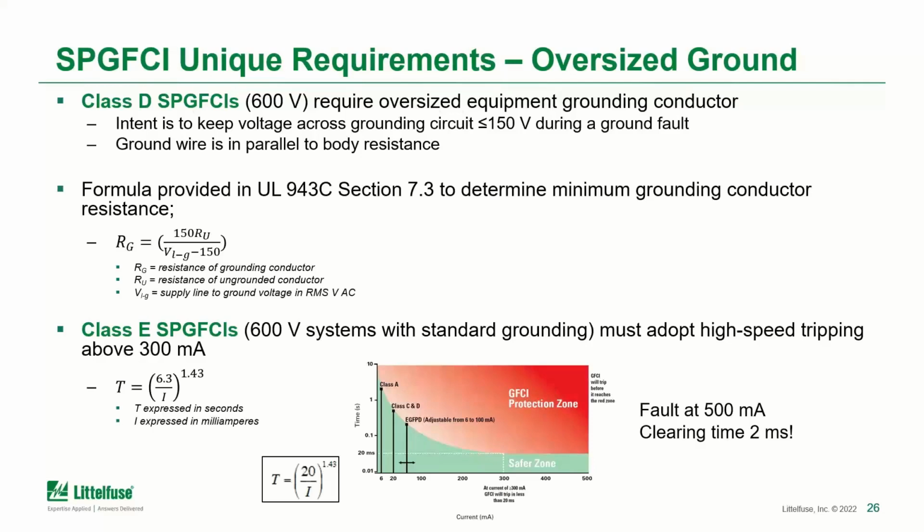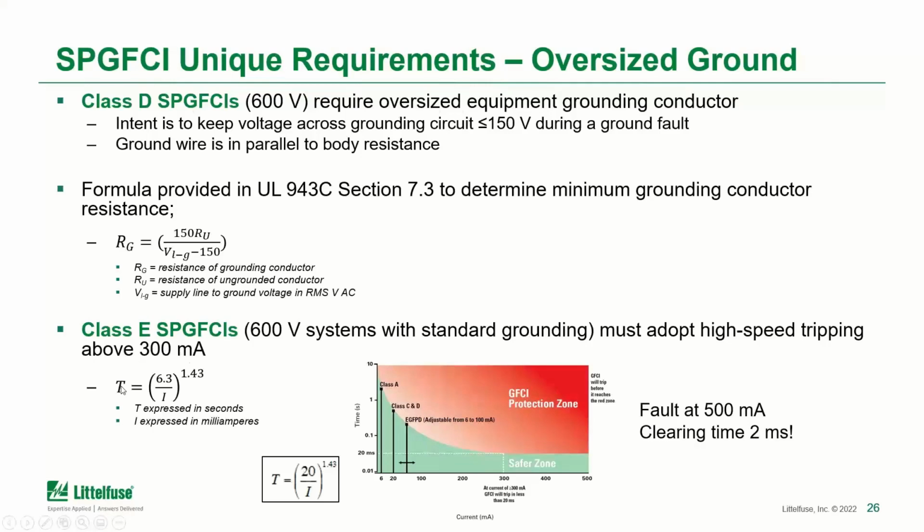Class E would be a 600 volt system that is not employing that oversized grounding conductor. And so in this case, because you don't have the extra assurance of that low resistance, you have to adopt ultra high speed tripping above 300 milliamps. The formula, again, I've shown in the box there in the middle, 20 over I to the power of 1.43. That's, we'll say, the standard GFCI curve.